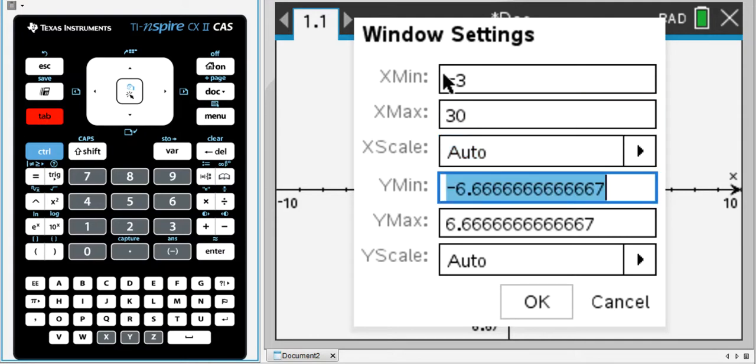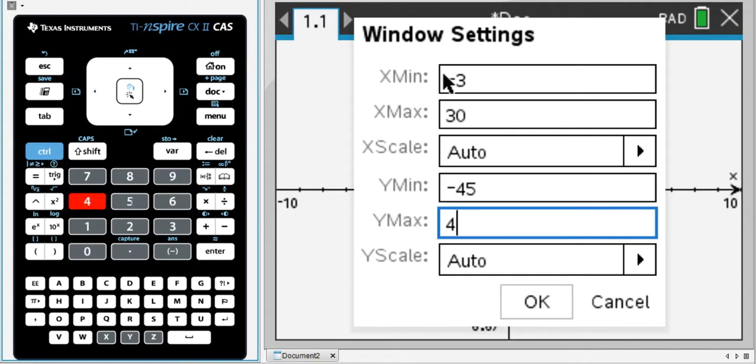Now I could just graph this and let the calculator fit the window, but I'm going to manually set the y scale this time. So for the y minimum, I'm going to set it at -45 and the y maximum to be 450. Again, with my 10% reference here, I know that the temperature has to be above 400 degrees in order to see the entire graph.